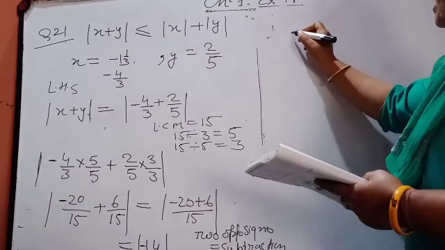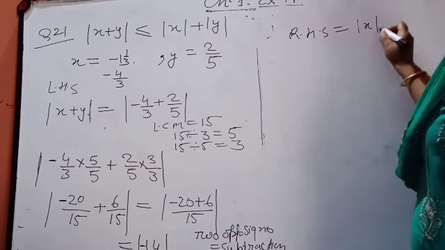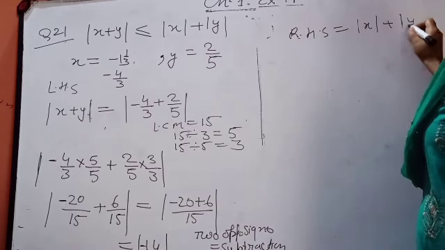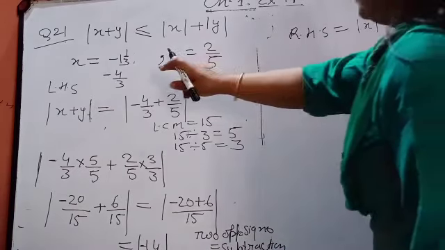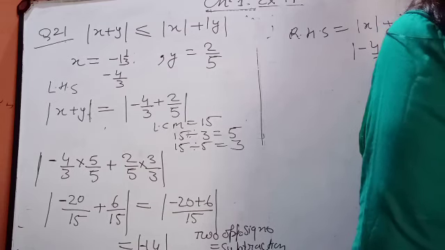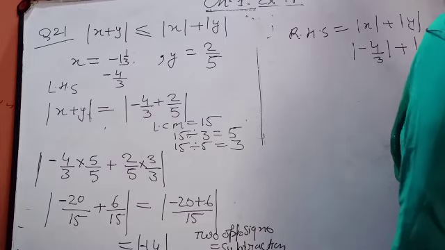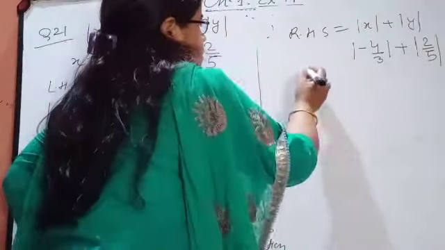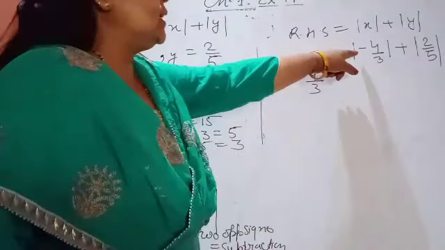Now see the RHS. RHS is mod of x plus mod of y. Mod of x means, what is the value of x? Minus 4 upon 3, plus mod of y means 2 upon 5. Minus 4 upon 3 will become 4 upon 3 because it is a negative value.